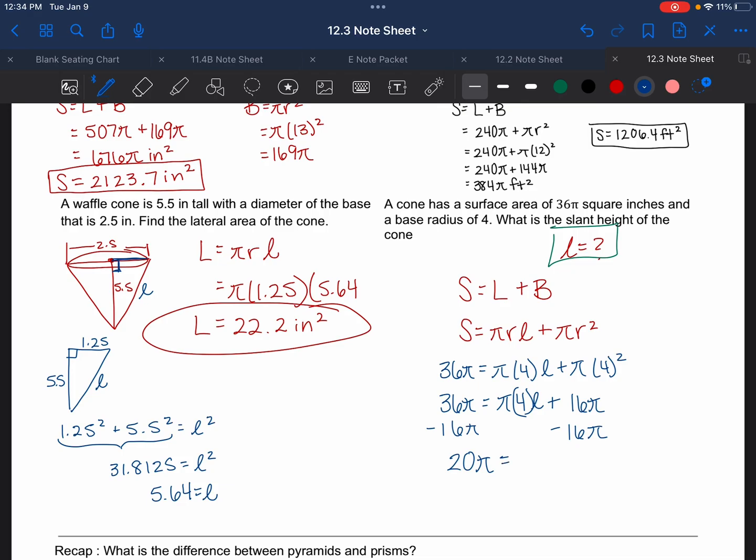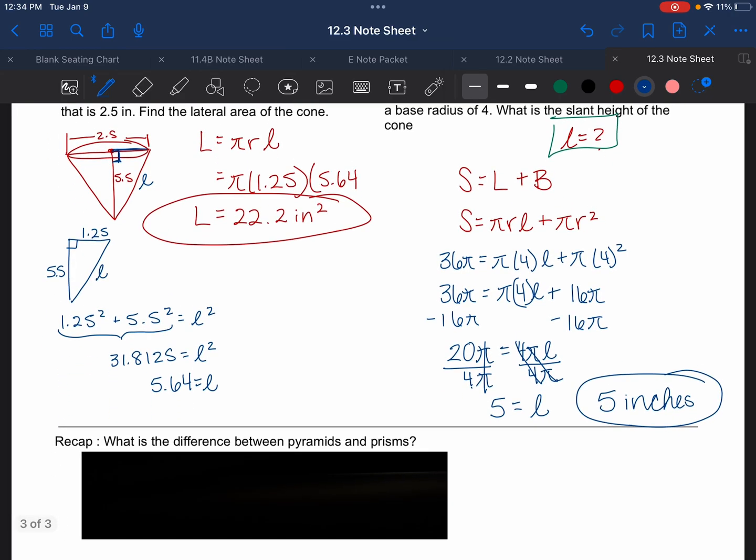So I have 20 pi equals, I'm going to change that pi times 4L to 4 pi L. And then if I divide both sides by 4 pi, the pi's cancel. The 4 cancels here, so I'm left with L. And then 20 divided by 4 is 5. So the slant height of the cone would be 5 inches.